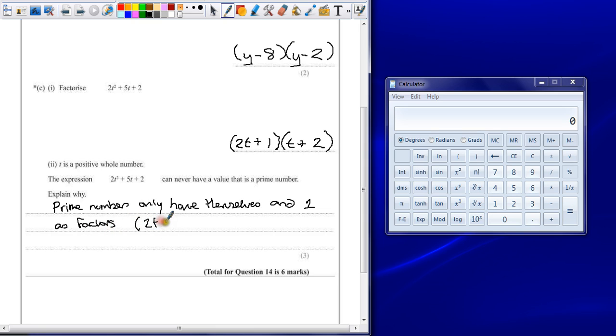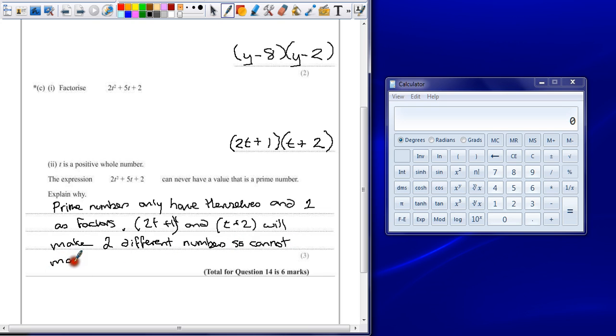But 2t plus 1 and t plus 2 will make two different numbers, so cannot make it prime.